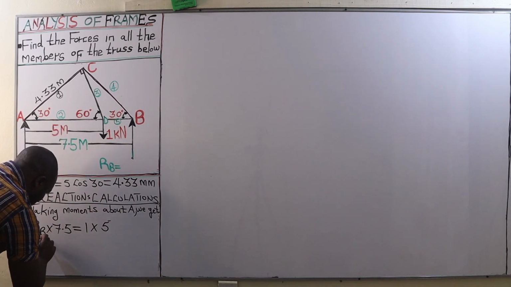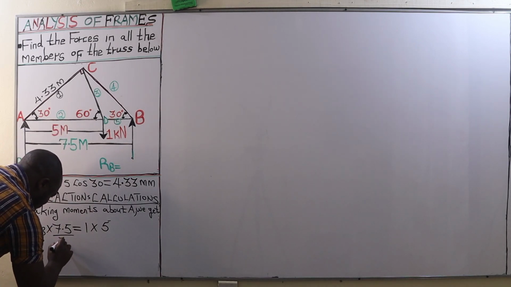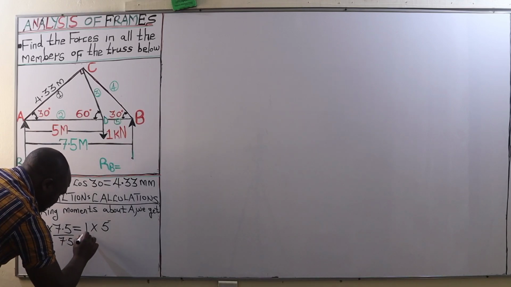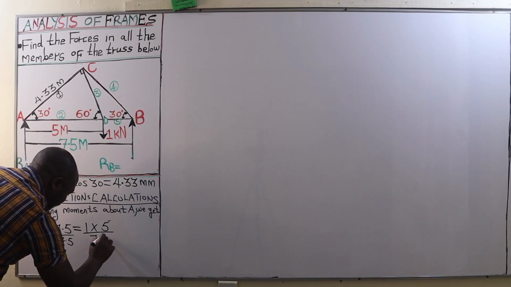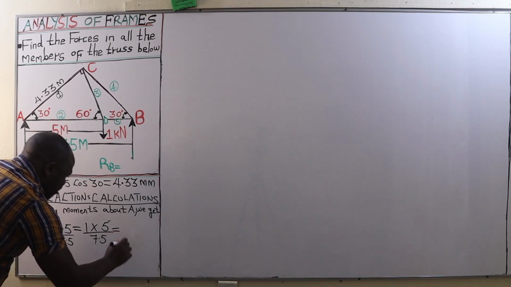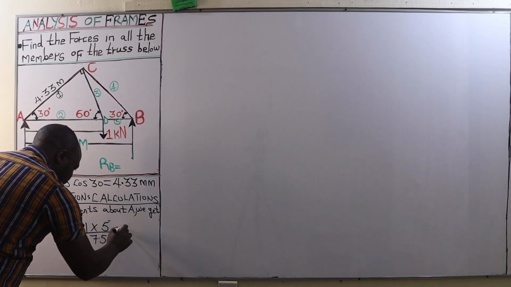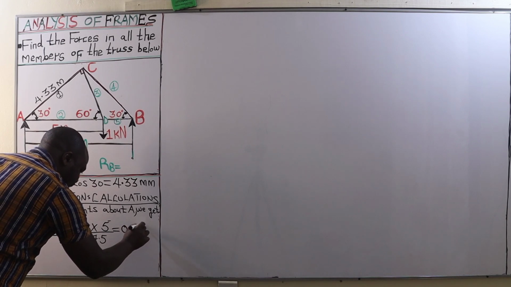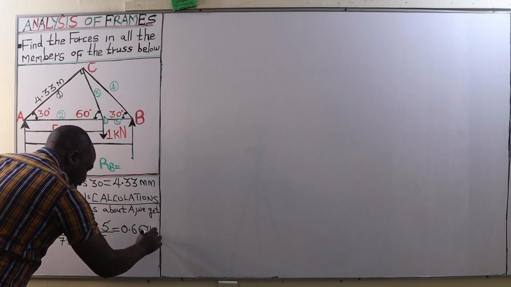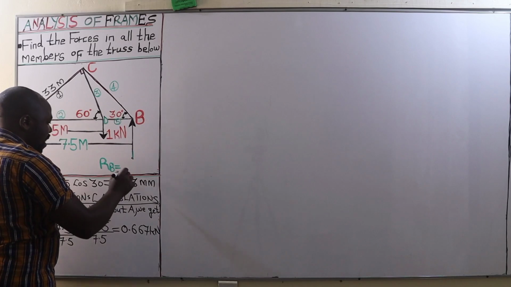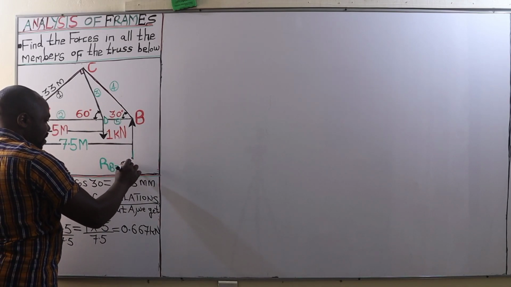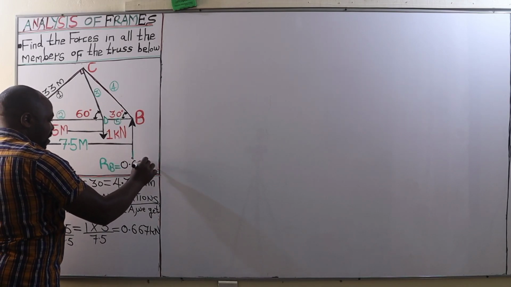Now, to get the value of RB, we are going to divide through by 7.5. And when you divide 5 by 7.5, that is going to give us 0.667 kilonewtons. And therefore, the reaction at B is 0.667 kilonewtons.